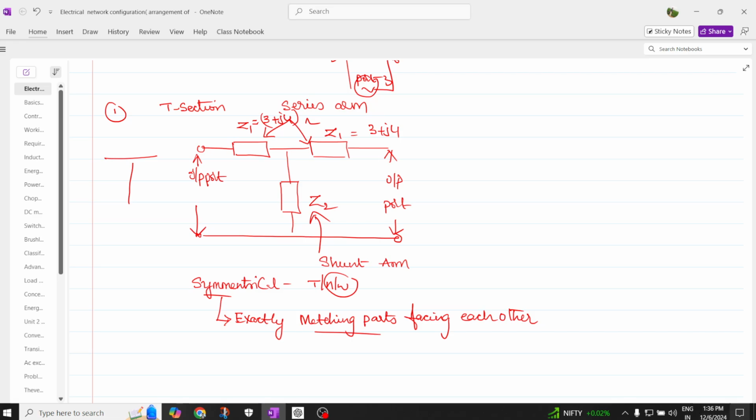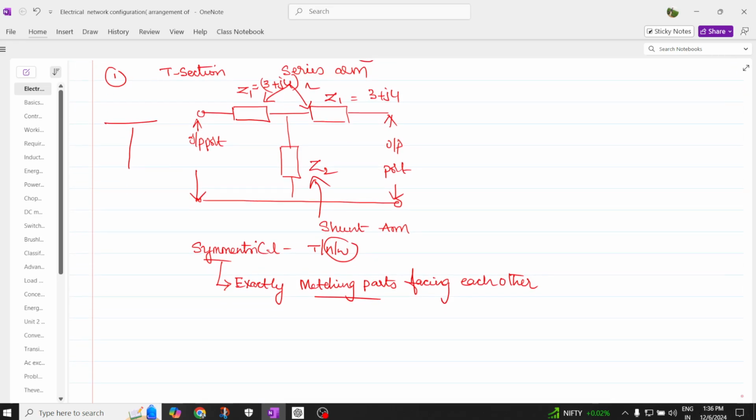So what are these exactly matching parts? For example, you take a square white paper and fold it in half. Then you get a rectangle.